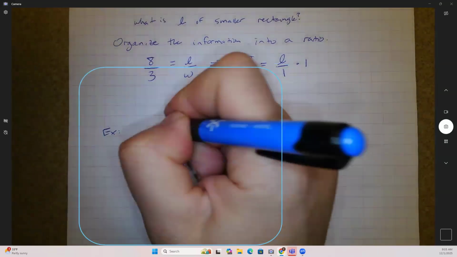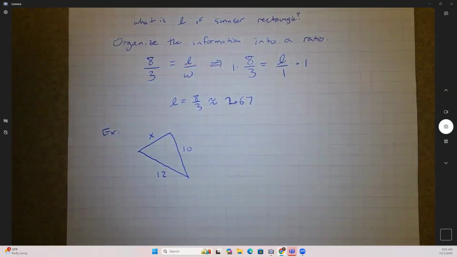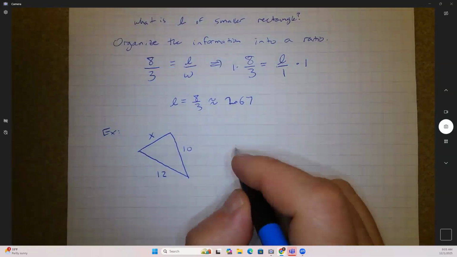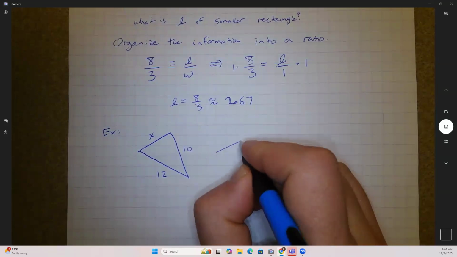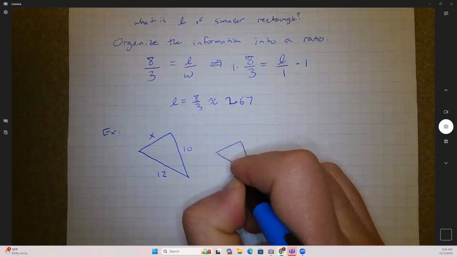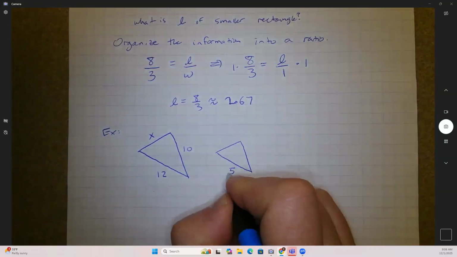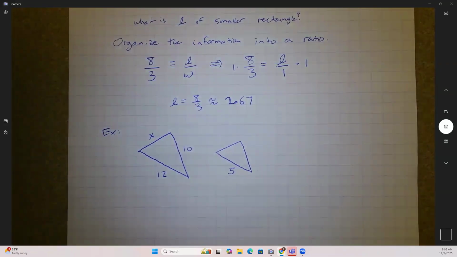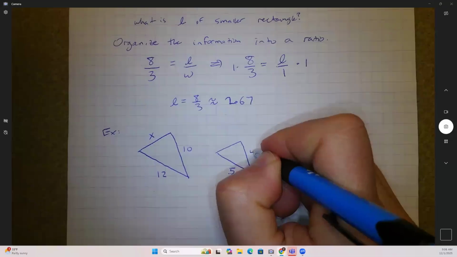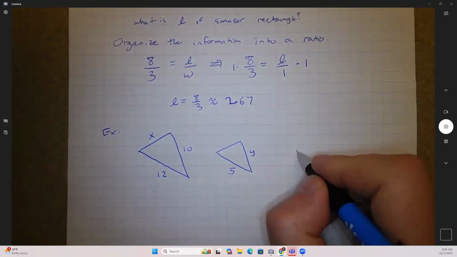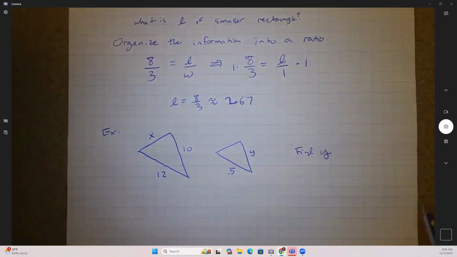And suppose I don't know that side X. And then I look at another triangle that's smaller, but is otherwise the same shape. That side here is 5. And I don't know that side Y. Let's find Y.